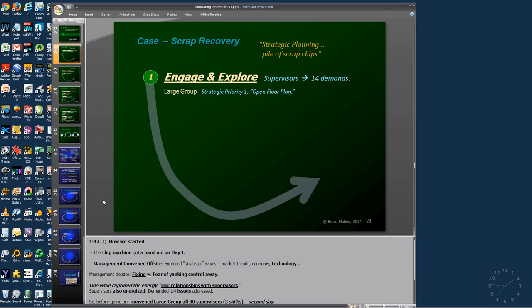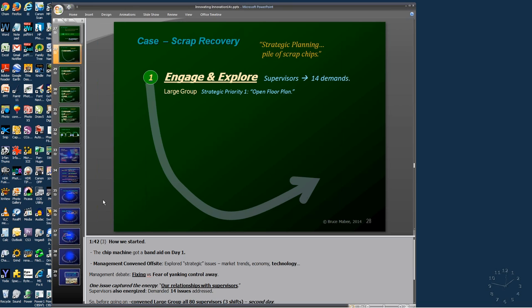The supervisors heard about this. The word leaked out while we were having our powwow of top management, and the supervisors began resenting the idea that they were going to be involved or engaged. They had something that they already wanted. They sent in 14 demands. If you want to engage us, start addressing these demands.